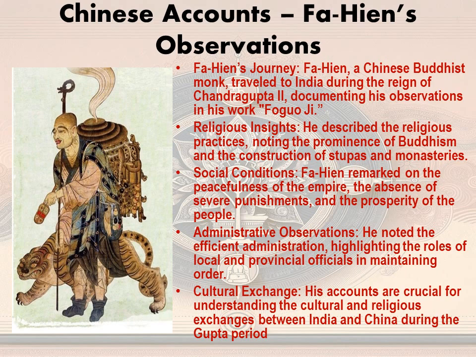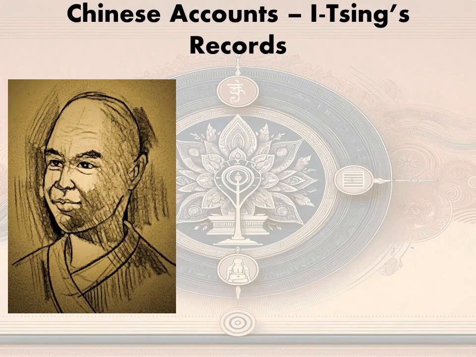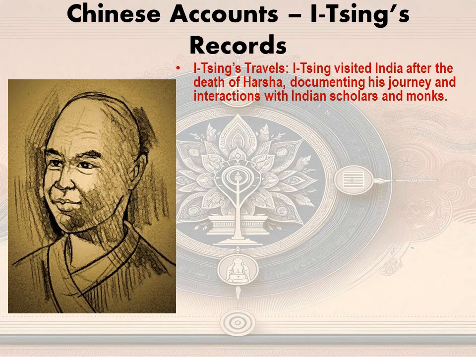His accounts are crucial for understanding the cultural and religious exchanges between India and China during the Gupta period. Now, another important Chinese traveler was I-Tsing, and he also came during the Gupta times. He also made very specific observations regarding the society at that point of time.